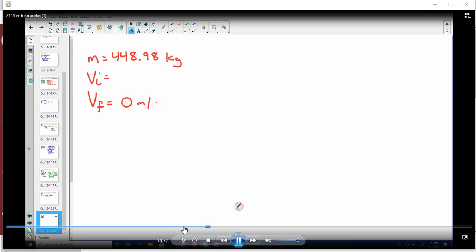So just writing everything down that we know: the mass is 448.98 kilograms. We know the final velocity is 0 meters per second. We know that the displacement again is 100 meters, and the initial velocity is 35 meters per second. Using the third kinematic equation, we can solve for the acceleration.